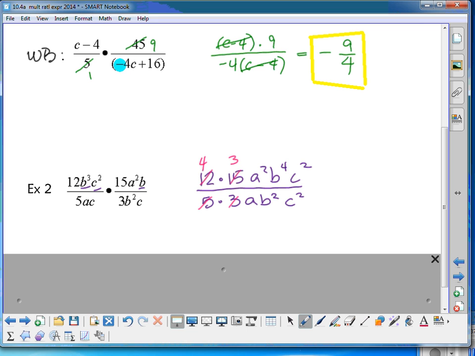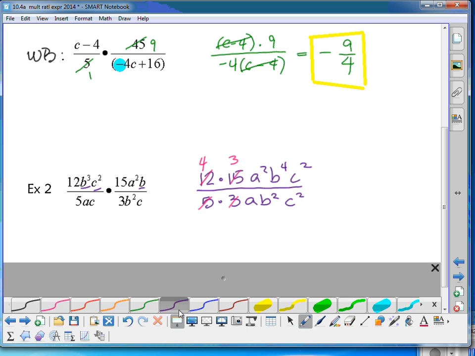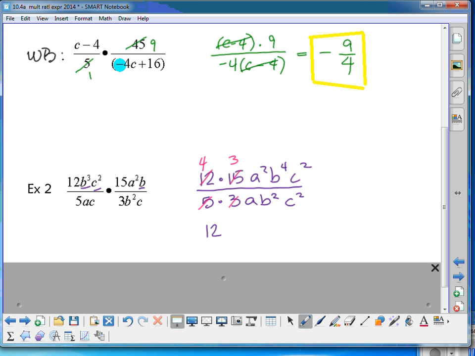All right, so if I multiply across, on top I have 3 times 4, or 12. All right, are there more a's on the top or the bottom? On top by 1. What about our b's? How many more on top? 2. And then our c squareds just cancel out. And so the final answer ends up being 12ab squared.